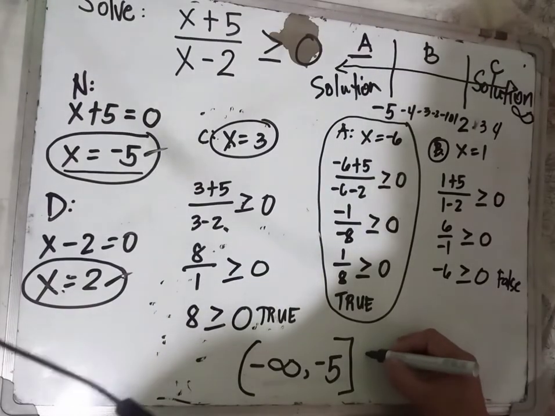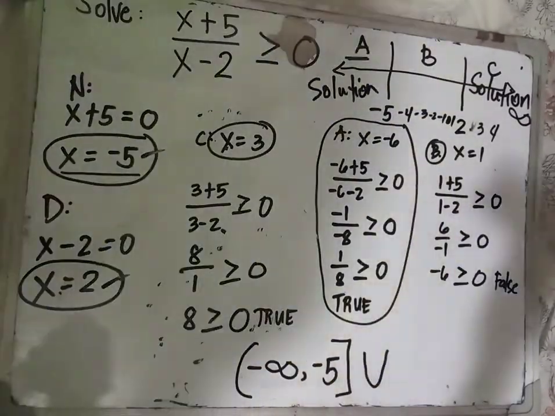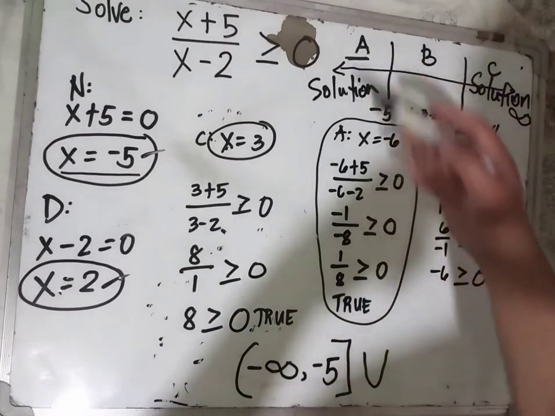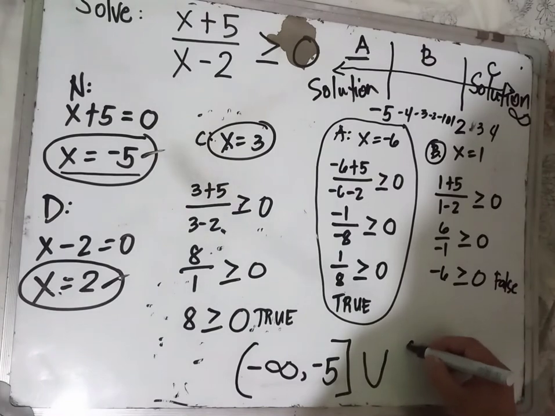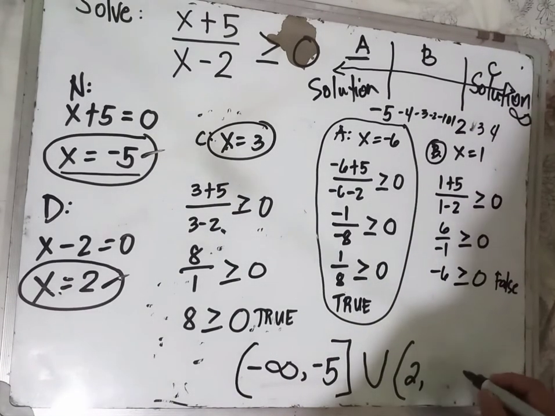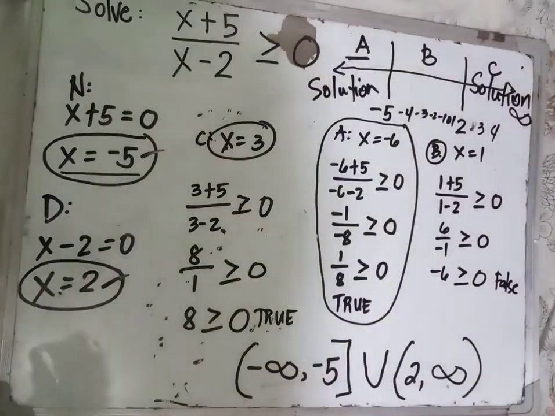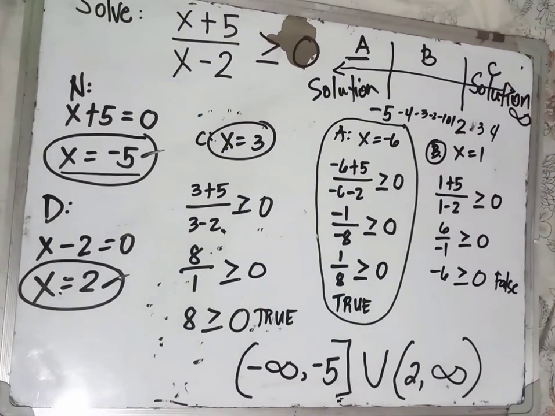Then union, since ang solution natin makita natin sa interval A and interval C. So that is from positive 2 to positive infinity. So tingnan natin, bakit sir yung negative 5 bracket yung nakalagay?